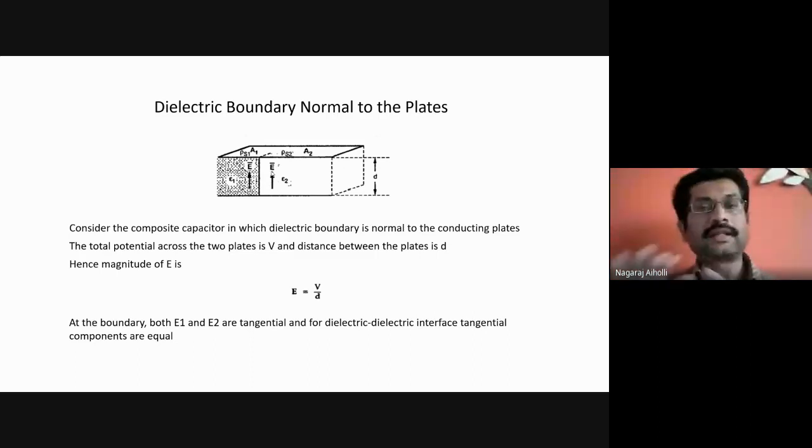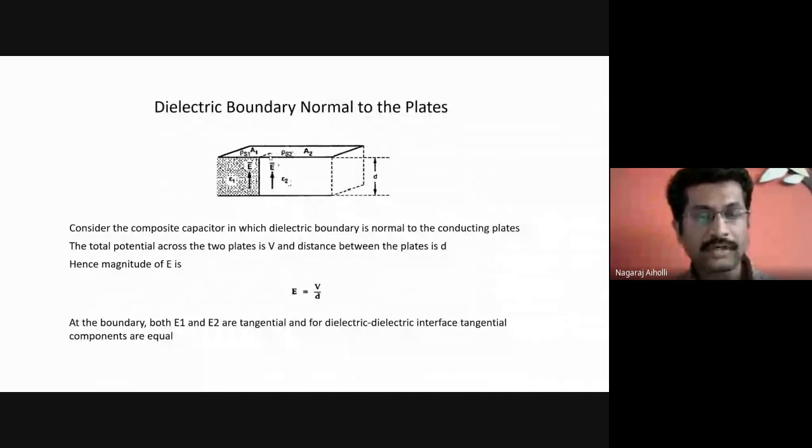When they are on the same boundary, E1 and E2 are equal, like how we considered for deriving the boundary condition between conductor and free space, or conductor and dielectric, and between two dielectrics, where the normal component is the same, Dn1 equal to Dn2. Similarly here, the tangential component of E in one medium is equal to that in the other medium because they lie on the same boundary, and hence E tan1 is equal to E tan2.